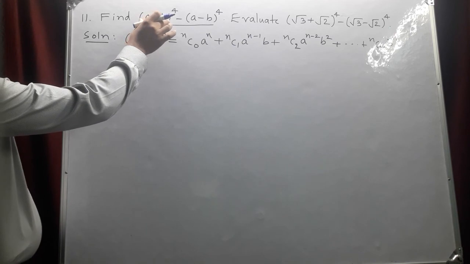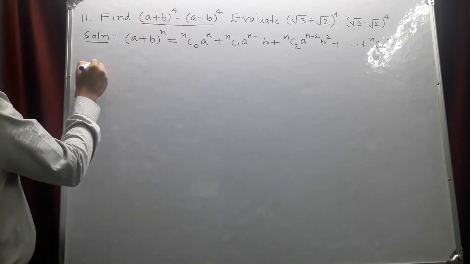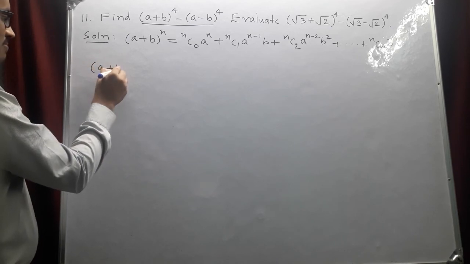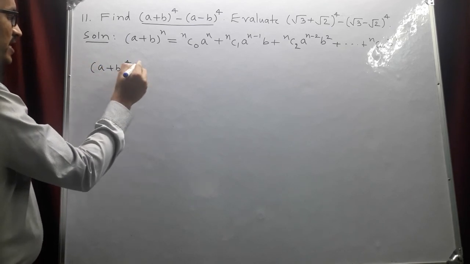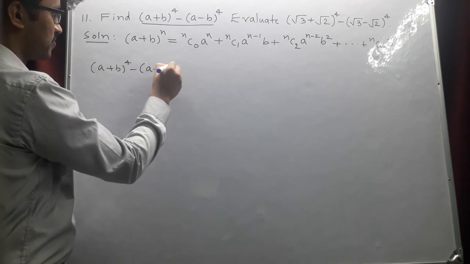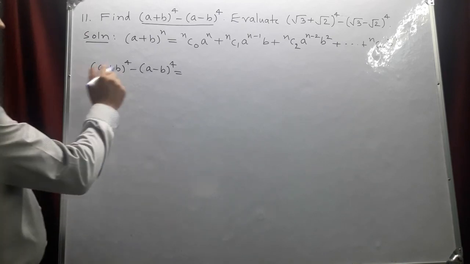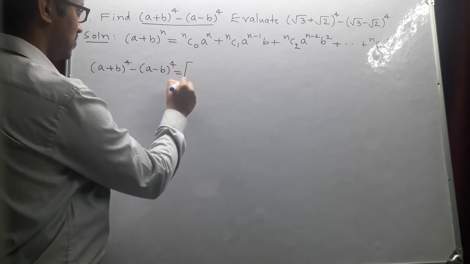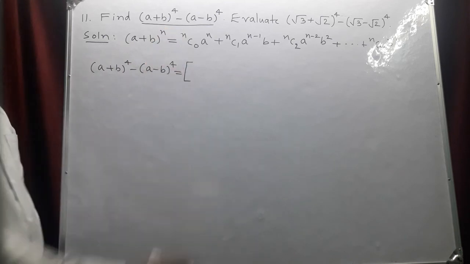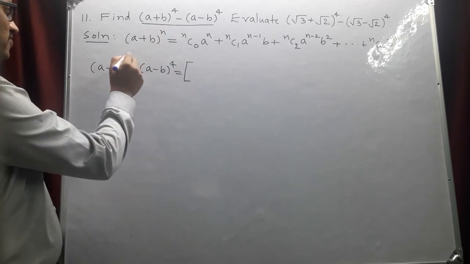Now consider (a plus b) power 4 minus (a minus b) power 4. So that is equal to (a plus b) power 4, and if you expand by using binomial theorem, here n value becomes 4.